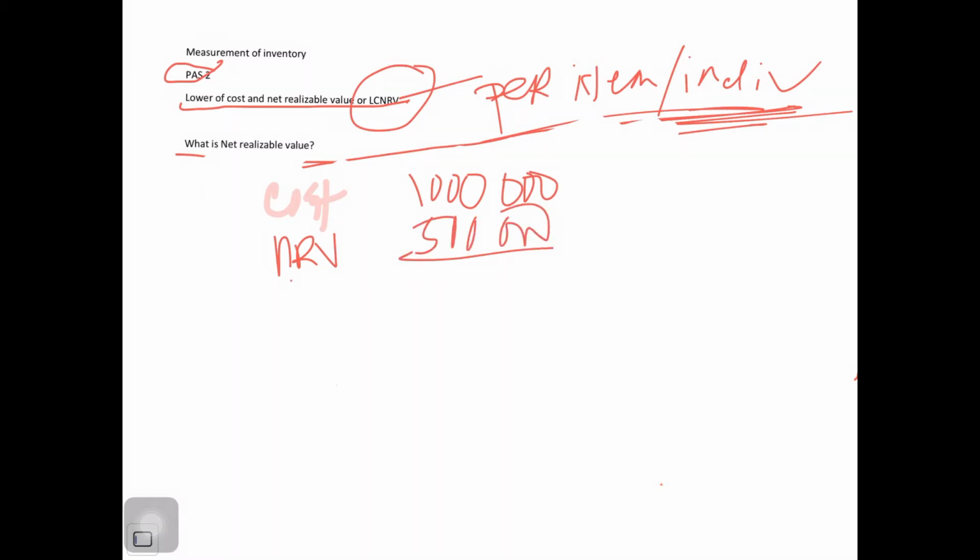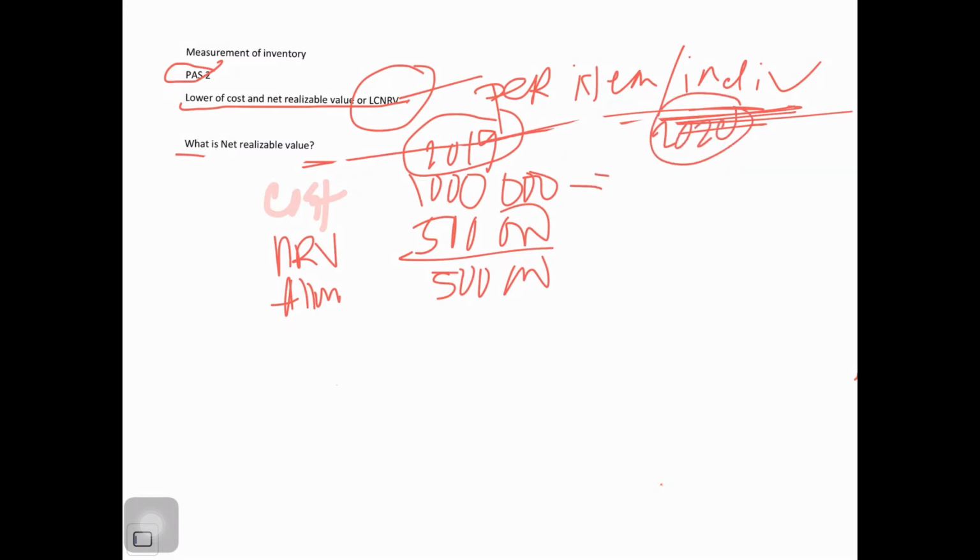So we have an allowance of 500,000. This is 2019, guys, an example for 2019. So this is the allowance method. Then in 2020, guys, our cost becomes 1,500,000.